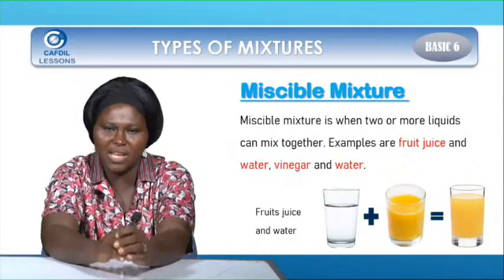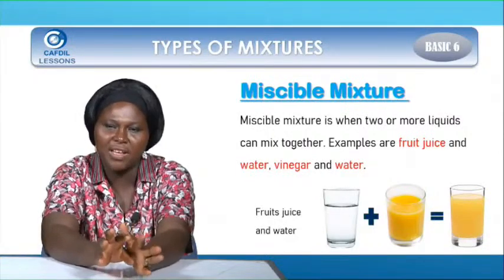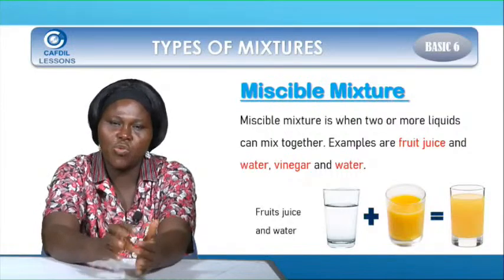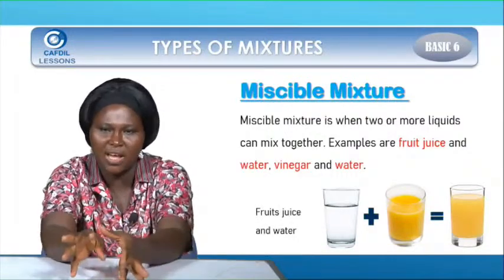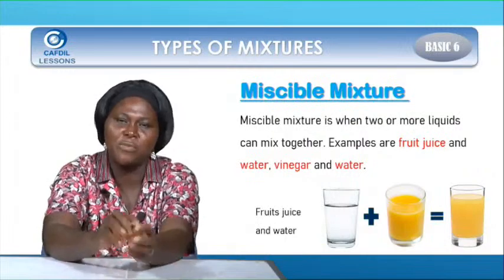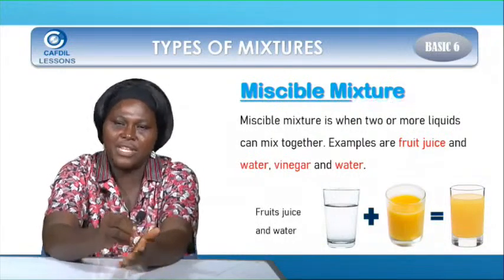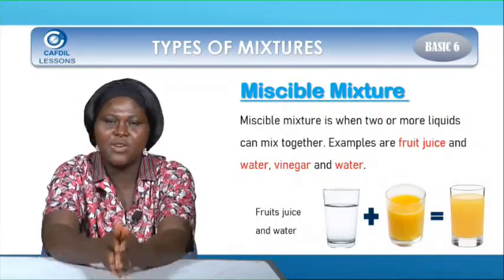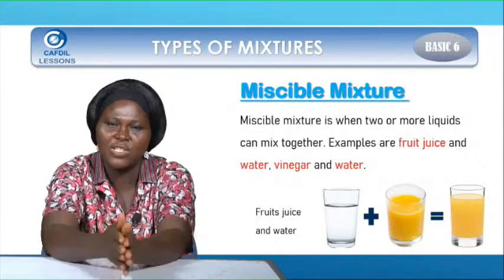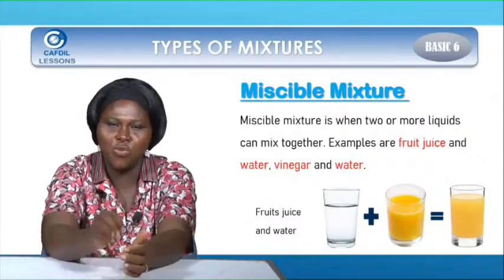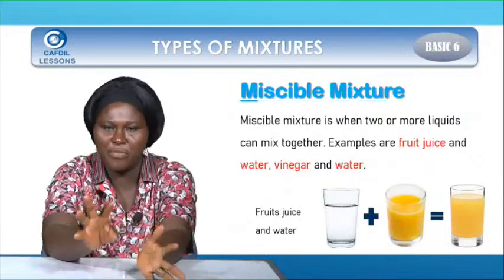We have the picture on our screen. They are not separated, they combine together and you cannot see them separately. So we call them miscible mixture.